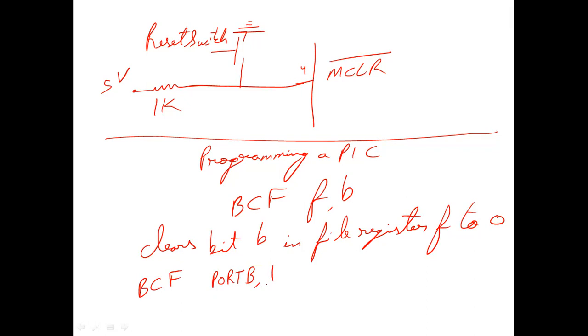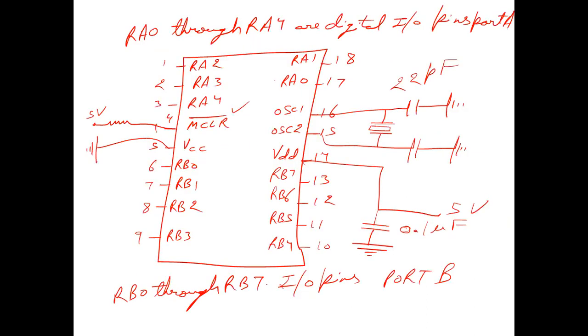It will make bit 1 in port B go to 0. Now what is port B? As you can see here, RB0 through RB7 is port B. So RB0, RB1, RB2, RB3, RB4, RB5, RB6, RB7. So these 8 pins together are called port B.